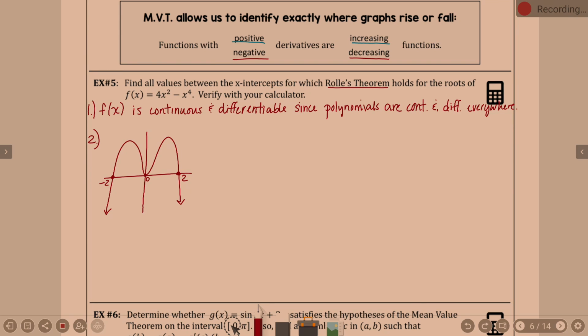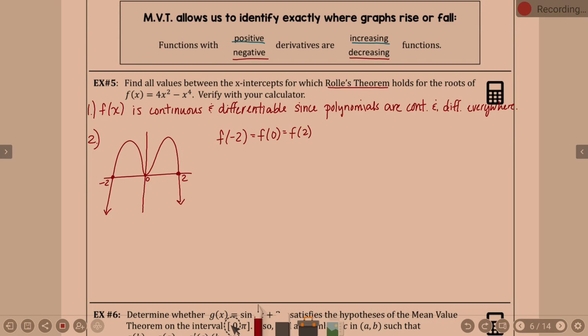So Rolle's theorem, if you recall, when we looked at some yesterday, the endpoints have to be the same. Is that happening here? Technically, if we look at this as two intervals, we have 3 endpoints, don't we? So we know that f of negative 2 is equal to f of 0 is equal to f of 2, right?